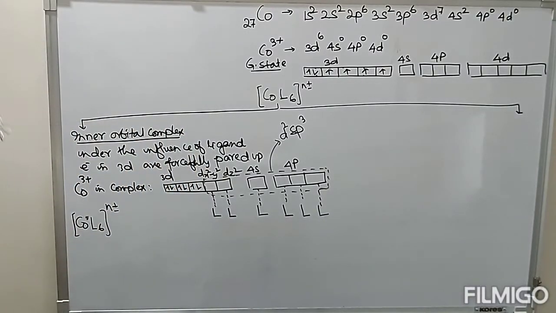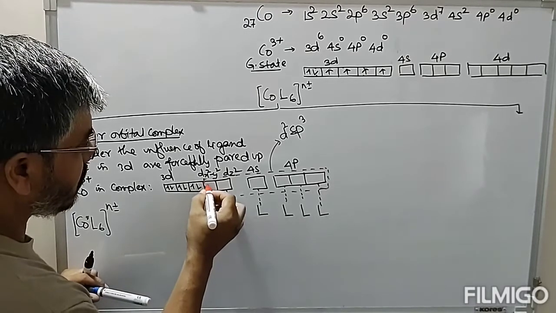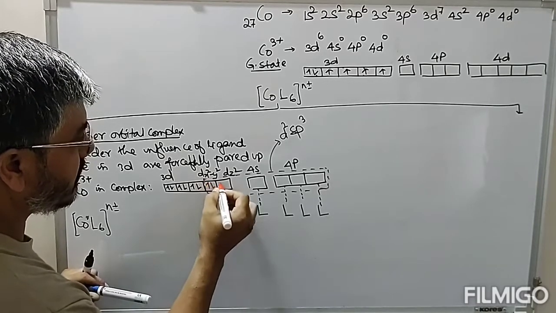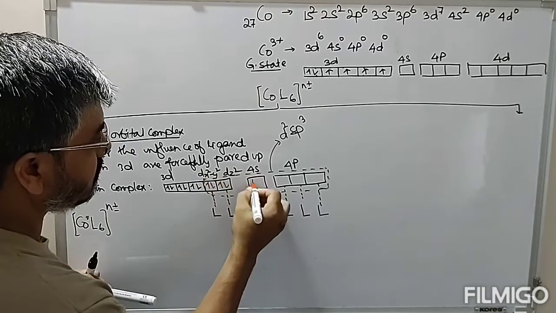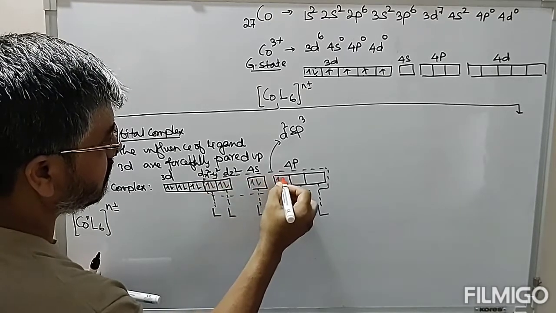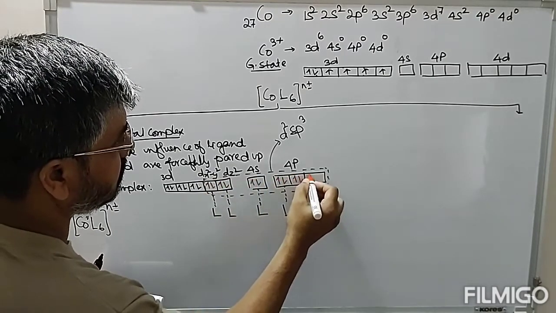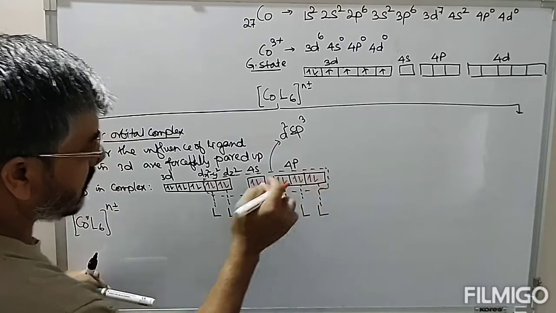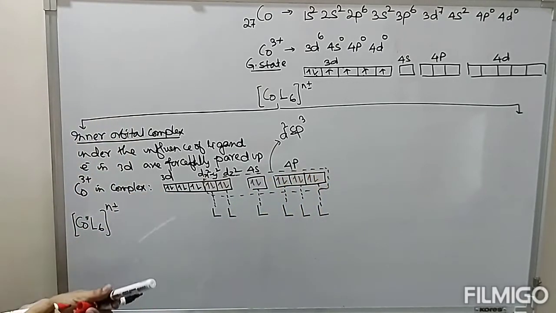Now we have 6 vacant orbitals, and each vacant orbital is having a pair of electrons from a ligand. Now this ligand is transferring a pair of electrons to this. So we have an electron pair here. These electrons are coming from the ligand, this is from the central metal.